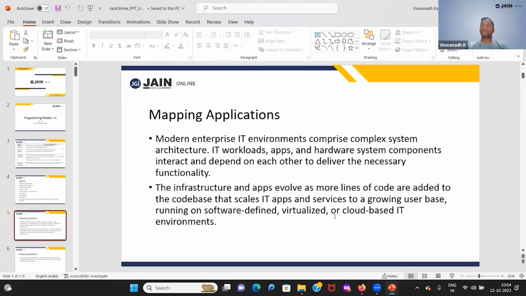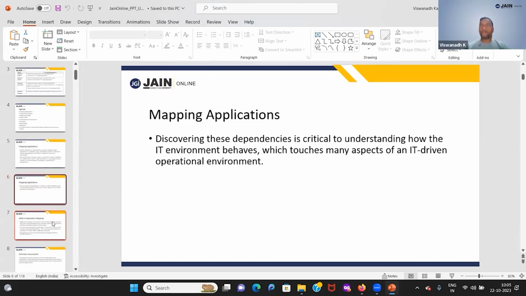We're growing the user base running on software-defined, virtualized, or cloud-based IT environments. So mapping applications is crucial to the cloud environment. Discovering these dependencies is critical to understand how the IT environment behaves, which touches many aspects of IT-driven operational environments.